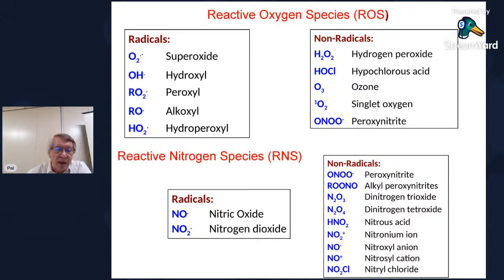Nitric oxide is a radical that can be formed endogenously. And there are a lot of non-radical reactive nitrogen species. Part of them can be formed under physiological conditions. Some of them can be found in the environment, which can also represent a direct threat to living organisms.